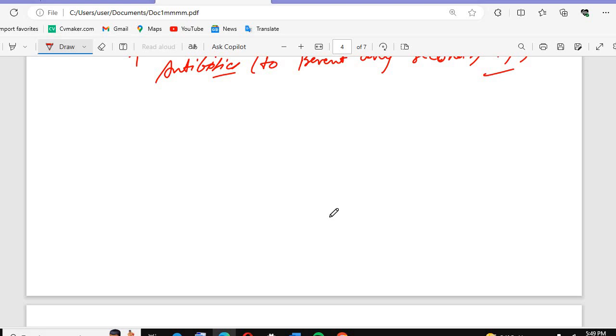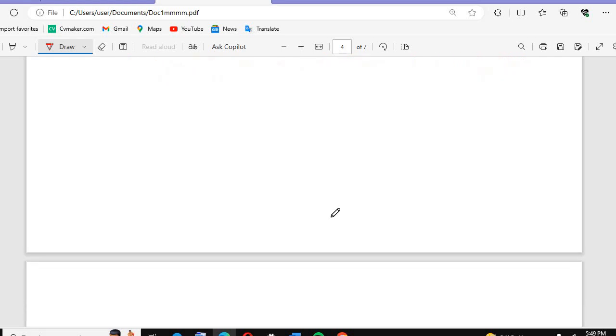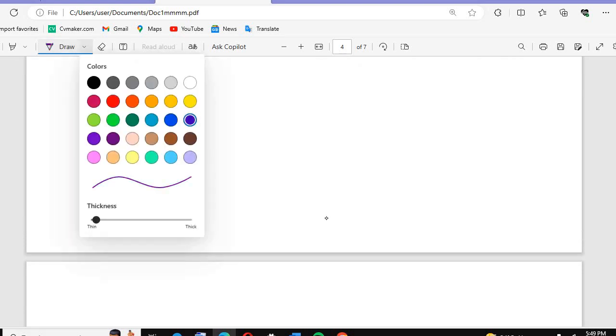Let's discuss one more thing, our whooping cough. Whooping cough is caused by Bordetella pertussis. You just told us this, and again you are telling us the whooping cough is caused by Bordetella pertussis.